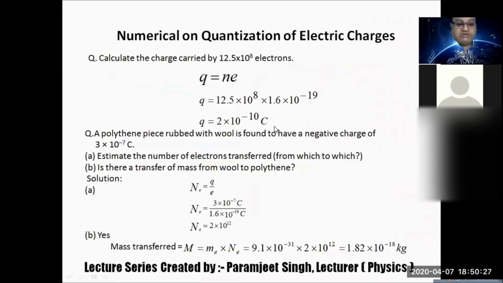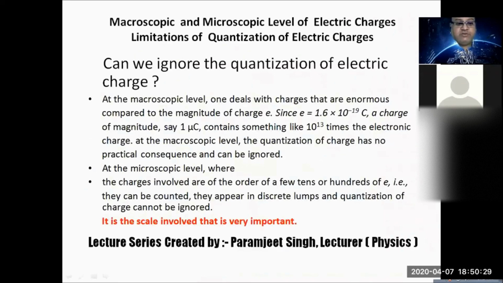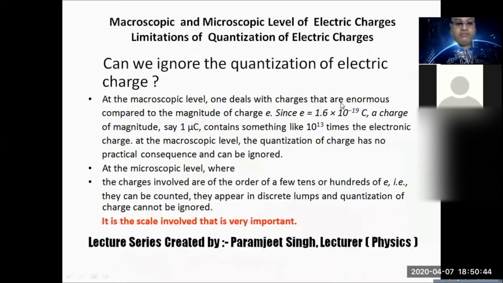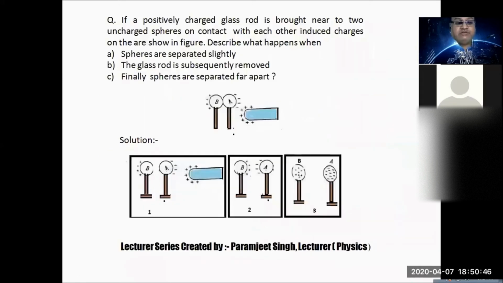And we have also discussed two spheres in contact. See this. Two spheres are in contact. We bring a positively charged rod. What is happening? Same picture, same situation. This positive glass rod causes induction.